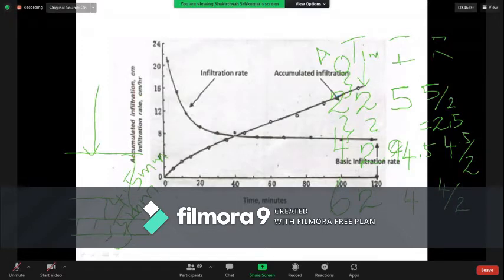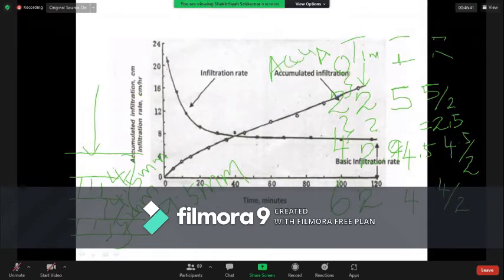It is 5 plus 4.5, totally 9.5 millimeter water infiltrated. Then after 2 seconds, again 4 millimeter water. So at that time, what is the total infiltration? 5 plus 4.5 plus 4. You have to add all these things. That is called accumulated infiltration.